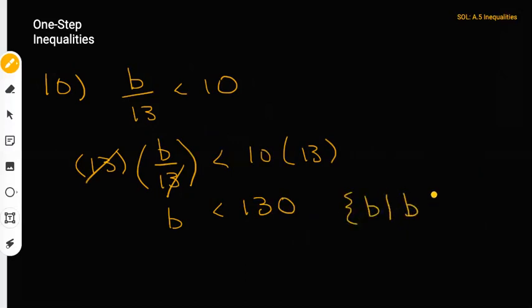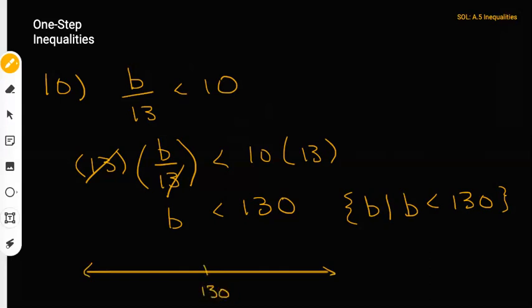I write my solution set. And then my number line is going to include 130 in the middle. On the right side, I'm going to have numbers that are bigger than 130, like 131 or 132. On the left side, I'm going to have numbers that are less than 130, like 129 or 128. Do I use an open dot or a closed dot?